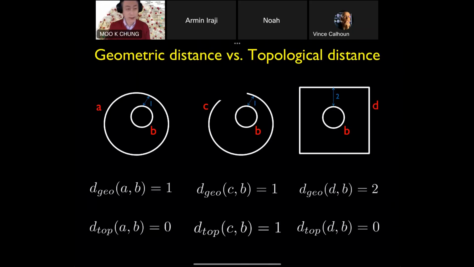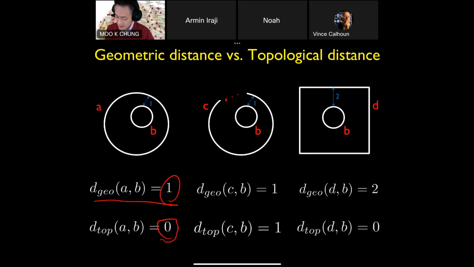Let's see the difference between geometric distance and topological distance. I want to compute the distance between A and B, two circles. If you use geometric distance, it will be the shortest distance, which will be 1. But in topology, they are diffeomorphic, so the distance will simply be 0. They are topologically equivalent. Now I'm going to cut part of the circle here.